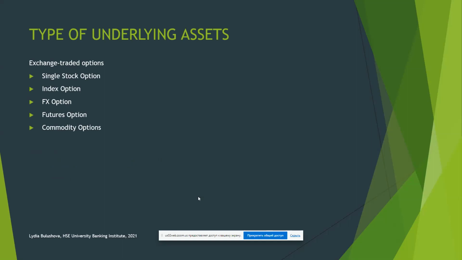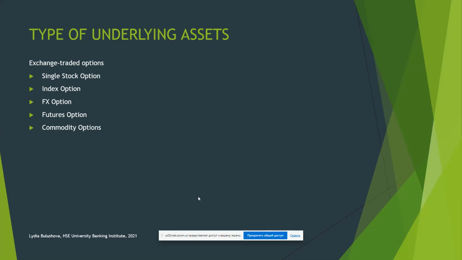First of all, I have to mention the types of underlying assets. If we talk about options, there are single stock options, the most rare type of option. There might be an index option, so it might be an S&P 500 option or VIX option, so any option on an index. That's a quite popular type of exchange traded options. FX options are quite clear.